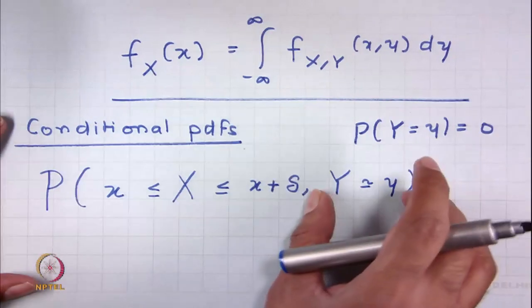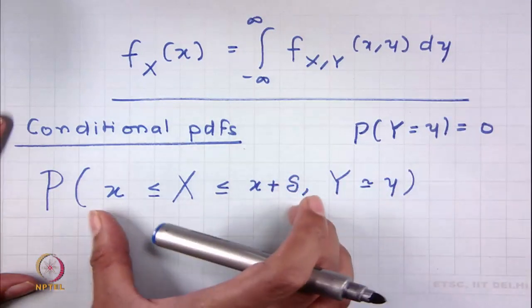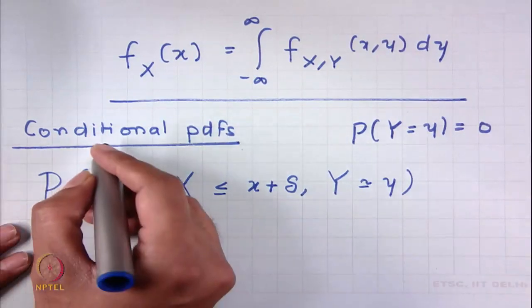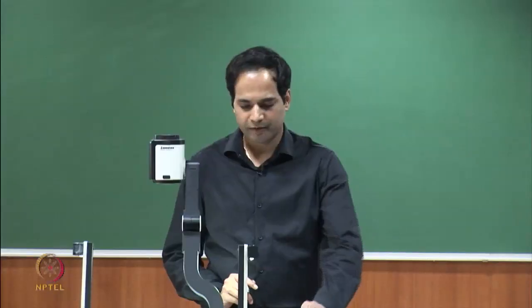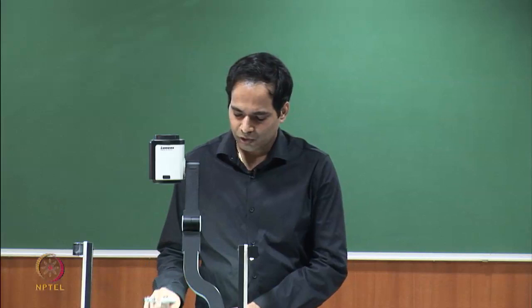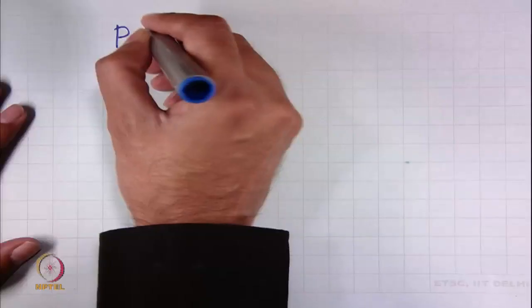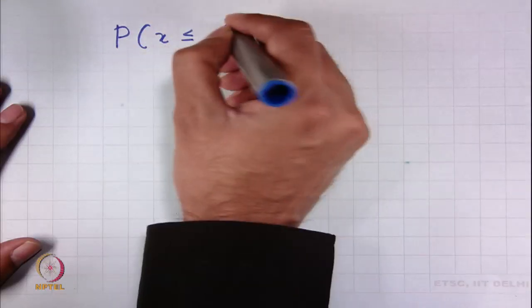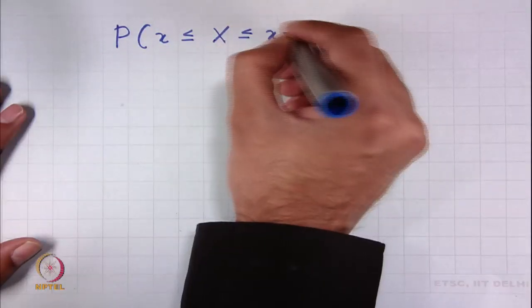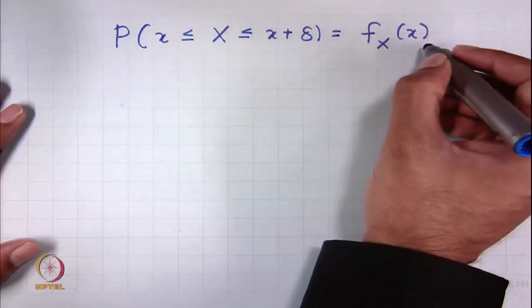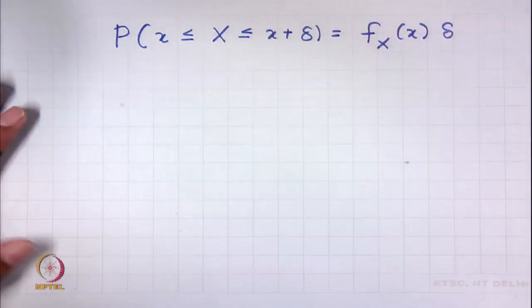So, under this condition, what I have to do is investigate this probability, and we are going into the regime of conditional PDFs. So, let us rewrite a definition. If you are interested in the probability that a random variable x takes a value between x and x plus delta, by definition this is nothing but the marginal PDF of x times delta, right.